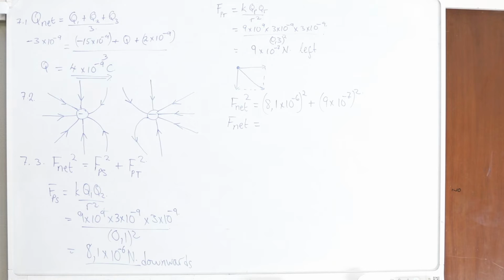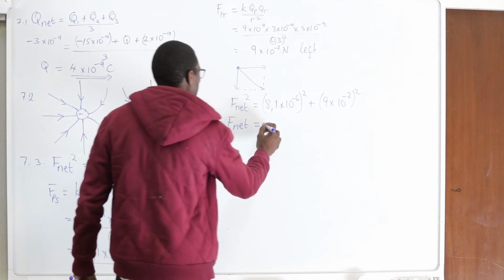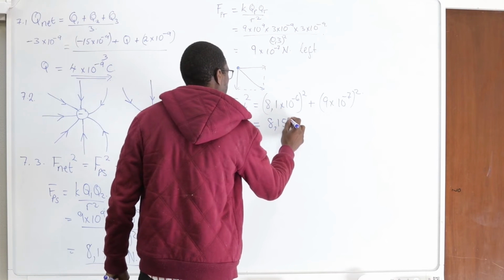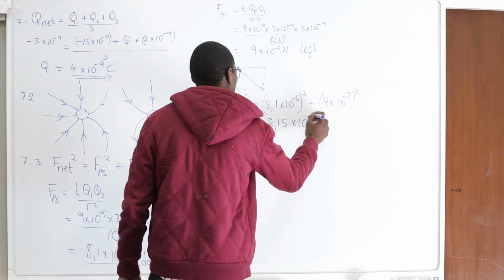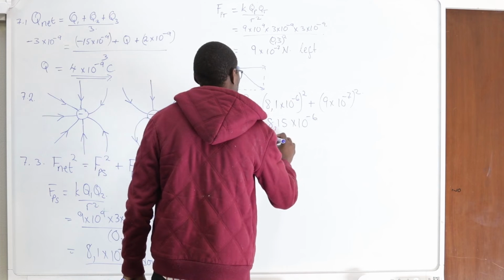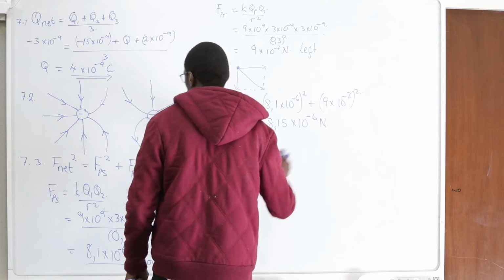Your answer is going to be 8.15 times 10 to the power of negative 6 newtons.